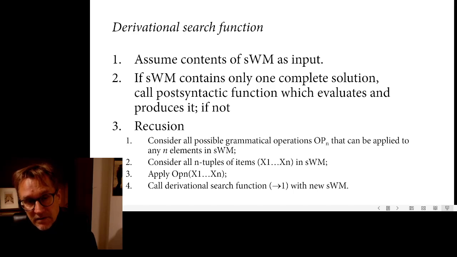But if we have not reached the stage where we have only one complete phrase structure in syntactic working memory, in that case we move to step 3, and only in that case, which is the recursive step. And here first we consider all grammatical operations or assembly operations that can be applied to any number of phrase structures.